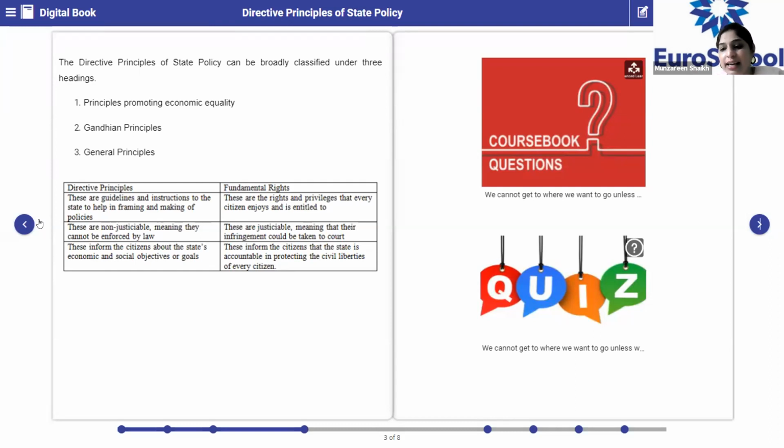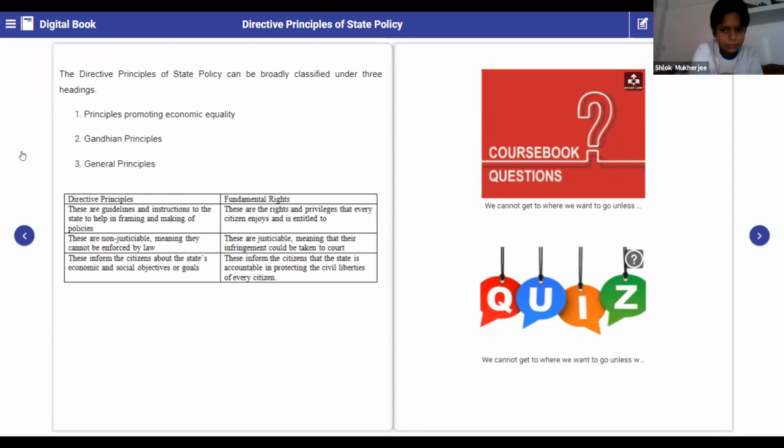They give rights and privileges to every citizen, which they are entitled to. We have discussed the list of fundamental rights in the previous class. So, this is the basic difference between directive principles and fundamental rights.